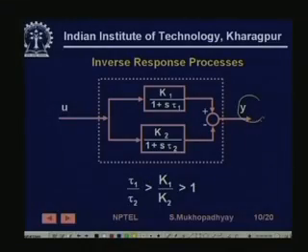Typically, inverse response processes occur when the output is actually produced by two effects. So, this is one effect which produces the output, and this is another effect that produces the output. They together produce the overall effect on the output.